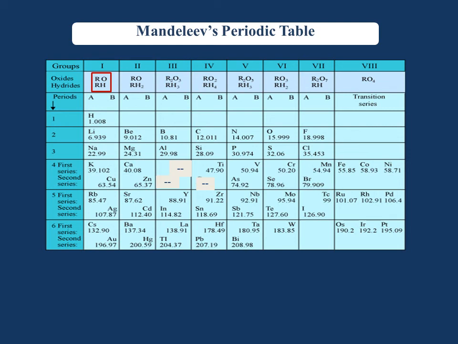All group 1 elements form compounds with oxygen and hydrogen with this formula, and all group 2 elements form oxides and hydrides with this formula, and all group 3 elements form the compounds oxide and hydride with this formula, and so on.